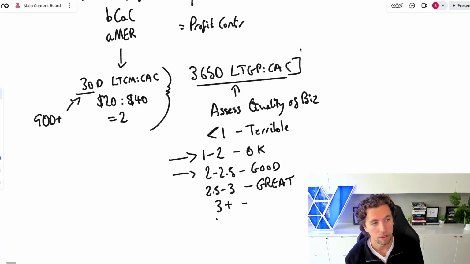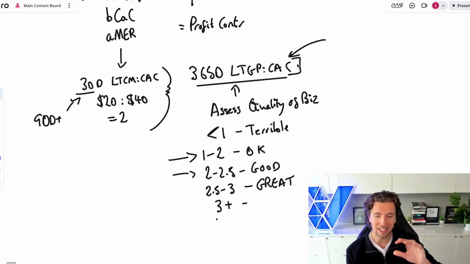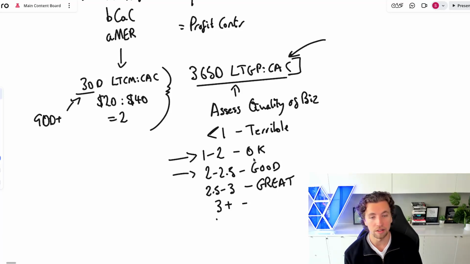So do you want to confuse this equation by decaying your ad spend and allocating it down the line and making this formula confusing? Or do you just want to keep it simple and just calculate CAC like normal, don't delineate it out, calculate LTGP like normal, and then don't erode it because of the further acquisition cost to reacquire those customers, and then just calculate it as it is?